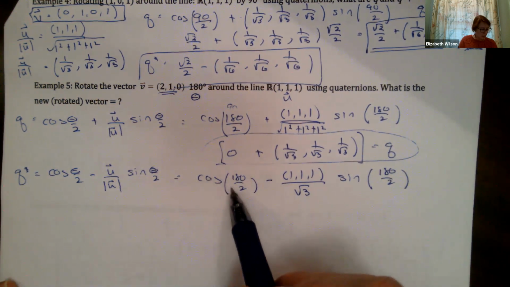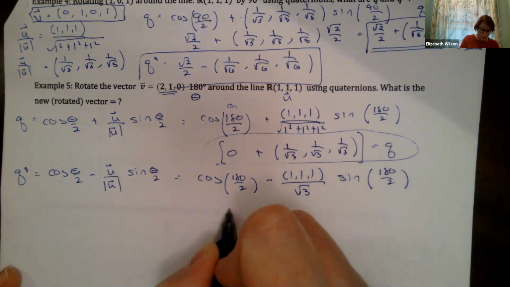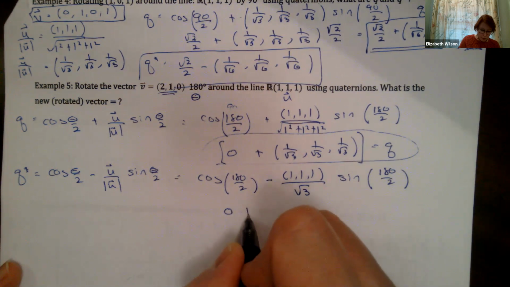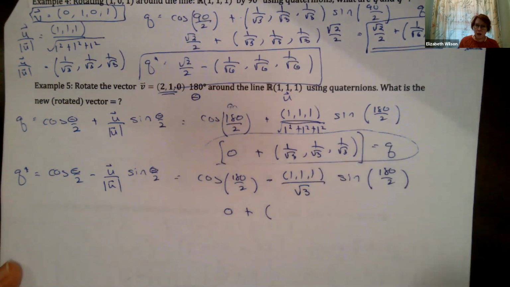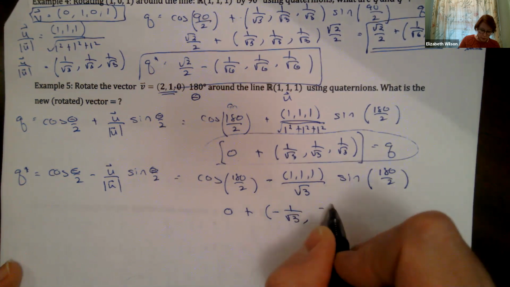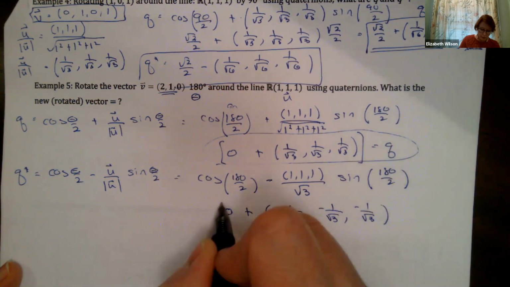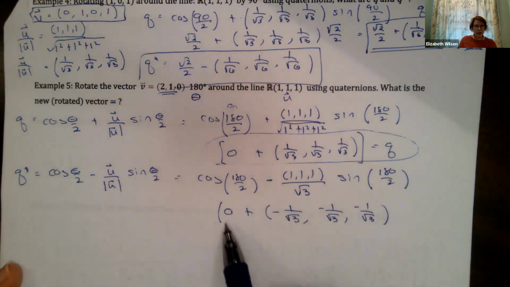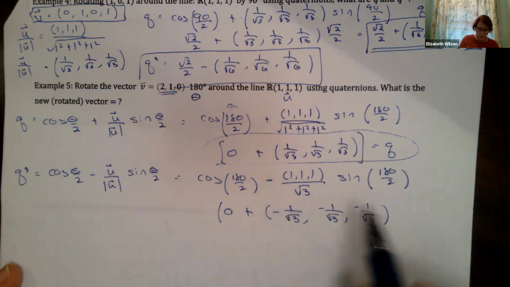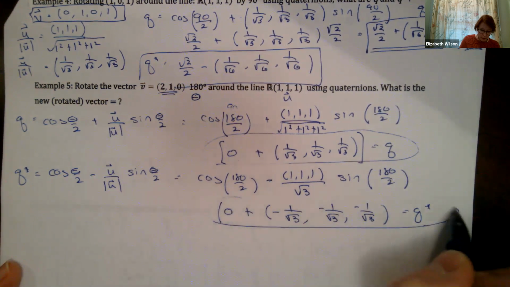So this is cosine of 90, sine of 90. Cosine of 90 we said was 0. Sine of 90 we said was 1, so this is 0 plus, and I'm going to distribute that negative into all of those vector terms: minus 1 over radical 3, minus 1 over radical 3, minus 1 over radical 3. I find it easier to think of my quaternions as the scalar plus the vector, and then to incorporate that negative into all of my terms. This is Q star.